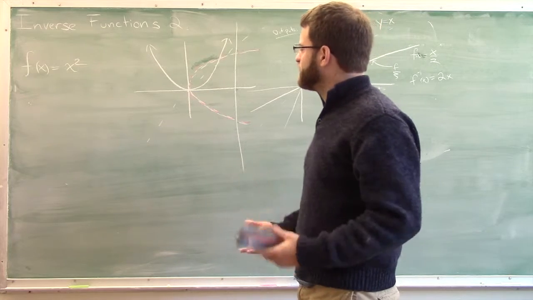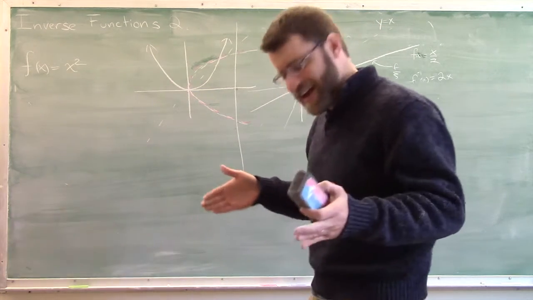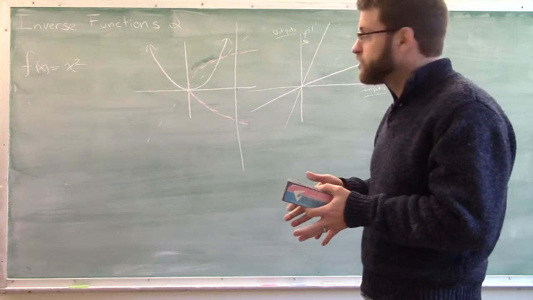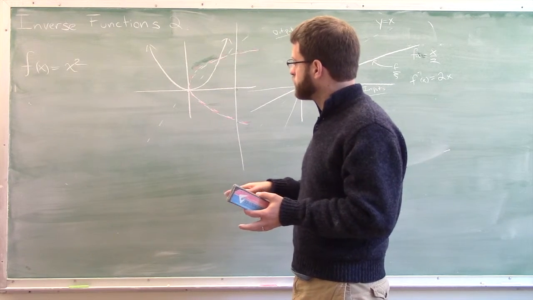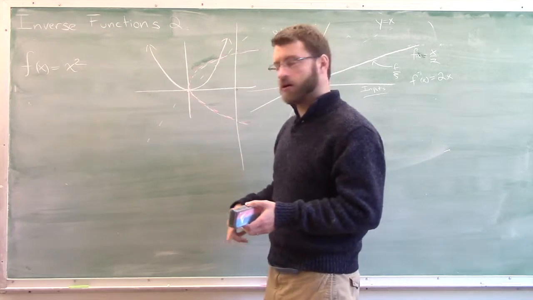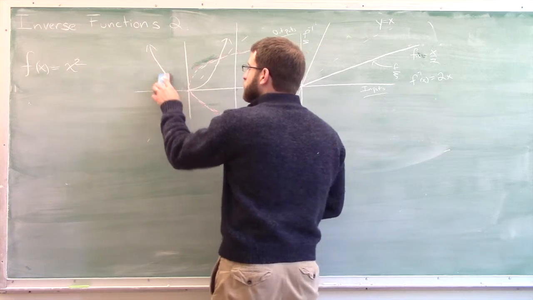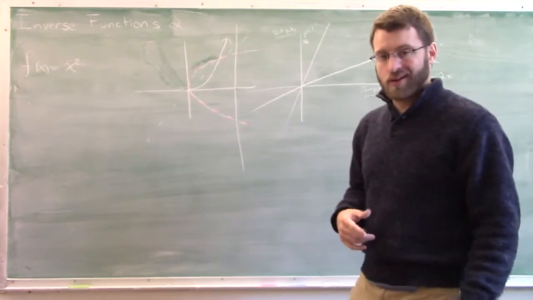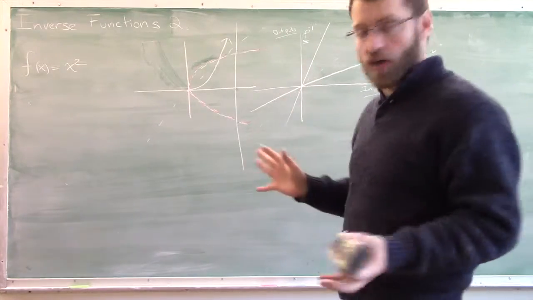The way that we deal with this problem in mathematics is by narrowing our gaze, reducing the domain of the function so that we remove any of these problems. So for x squared, we eliminate the left side of the parabola. That's not to say that it doesn't exist or that we pretend it's not there.